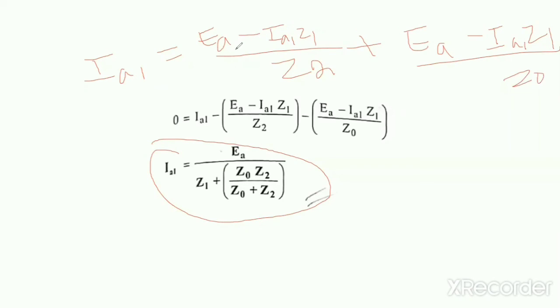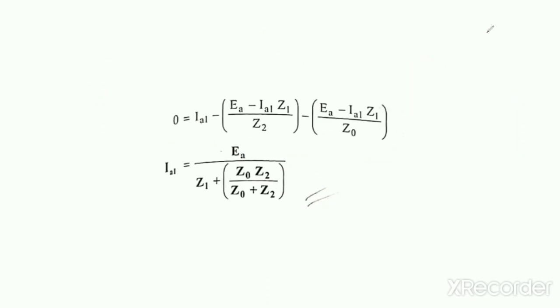Okay, by simplifying this equation, we obtain the positive sequence current IA1. Therefore, IA1 is equal to EA by Z1 plus Z0 Z2 by Z0 plus Z2. Okay, this is the fault current that will be obtained for the triple line fault. Okay, understand?